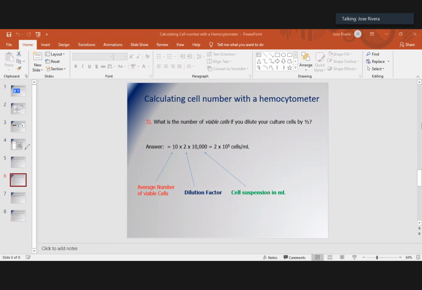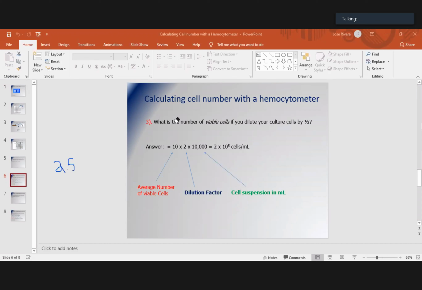The numbers I did, I just made up those numbers. That's where you have a fraction. But yes, you would always have a fraction. And that doesn't mean that you have 2.25 cells. No, it just means on average, right? So if you come up with 2.5 or 4.5, 2.